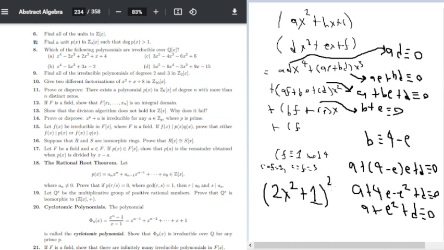Wait, let's see. 2x squared plus 1 times 2x squared plus 1 is equal to 4x to the 4th plus 4x squared plus 4.